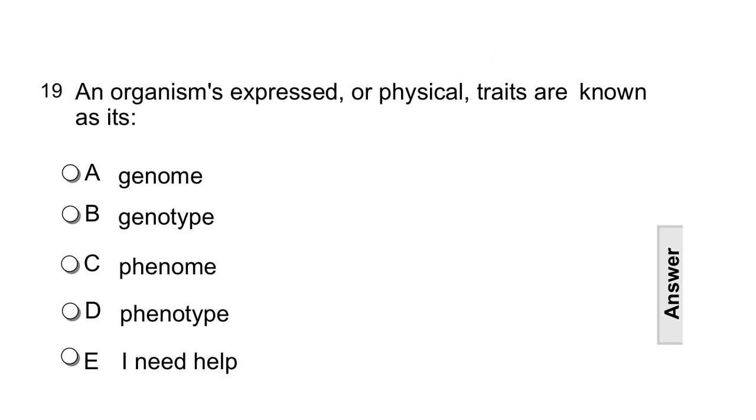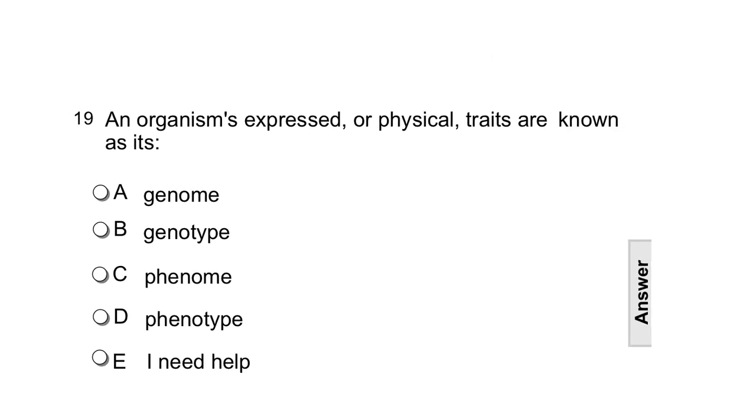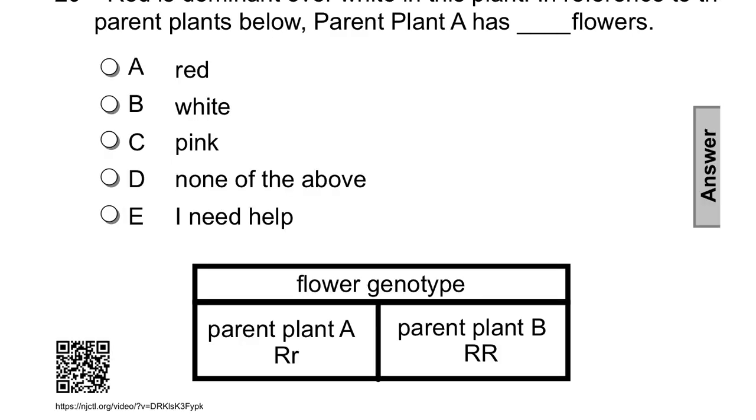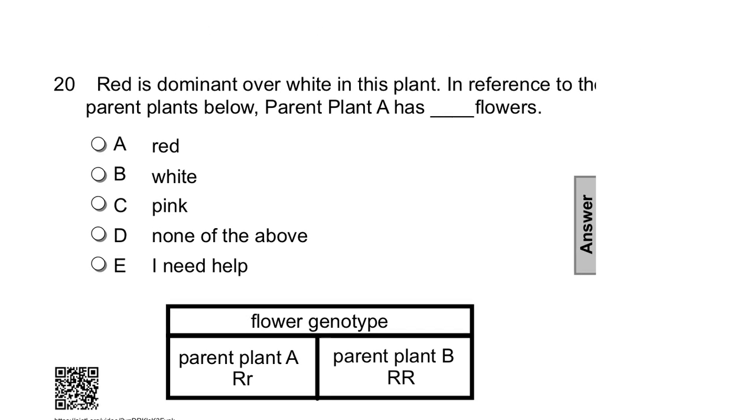An organism's physical traits are known as its phenotype. Red is dominant over white. Okay, so parent A. Parent A is heterozygous, but red is dominant, so he has red flowers.